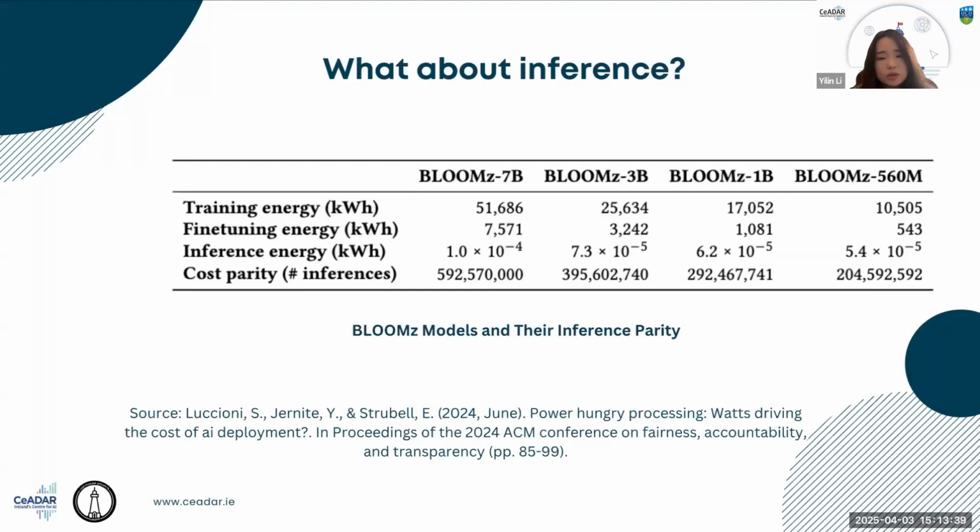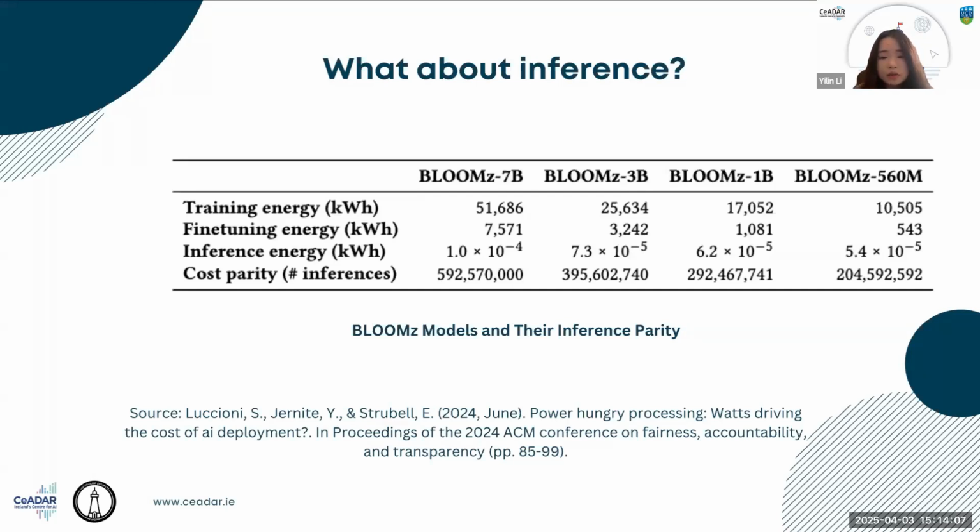This shows how many times the model needs to be used before the total energy used for inference equals the energy used for training. For example, for the largest model, the 7B, it takes around 590 million inferences. For the smallest ones, it's about 200 million.